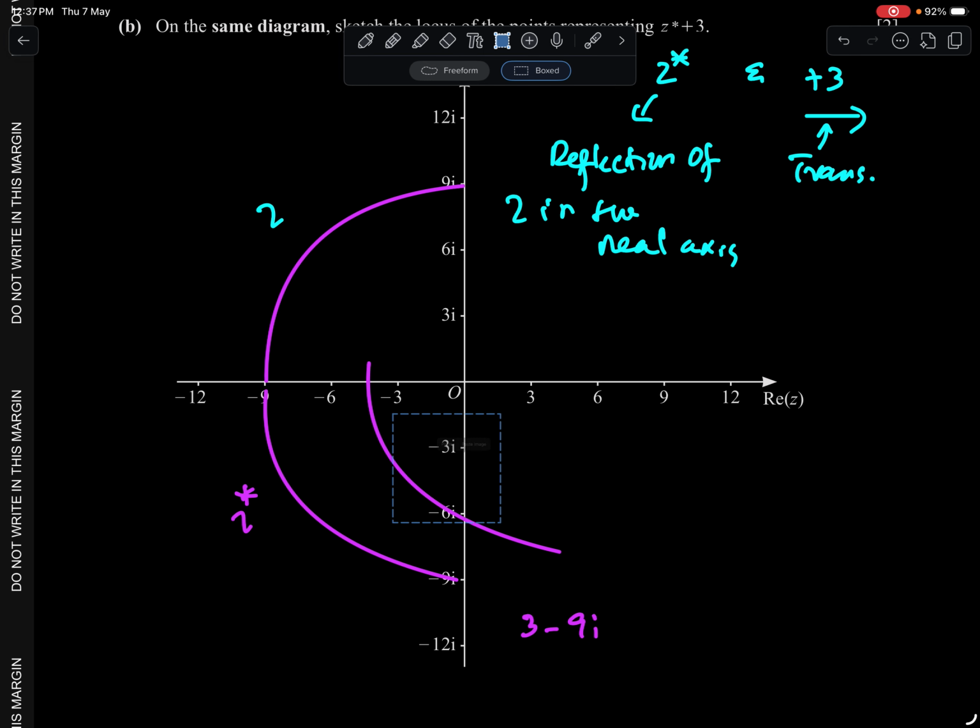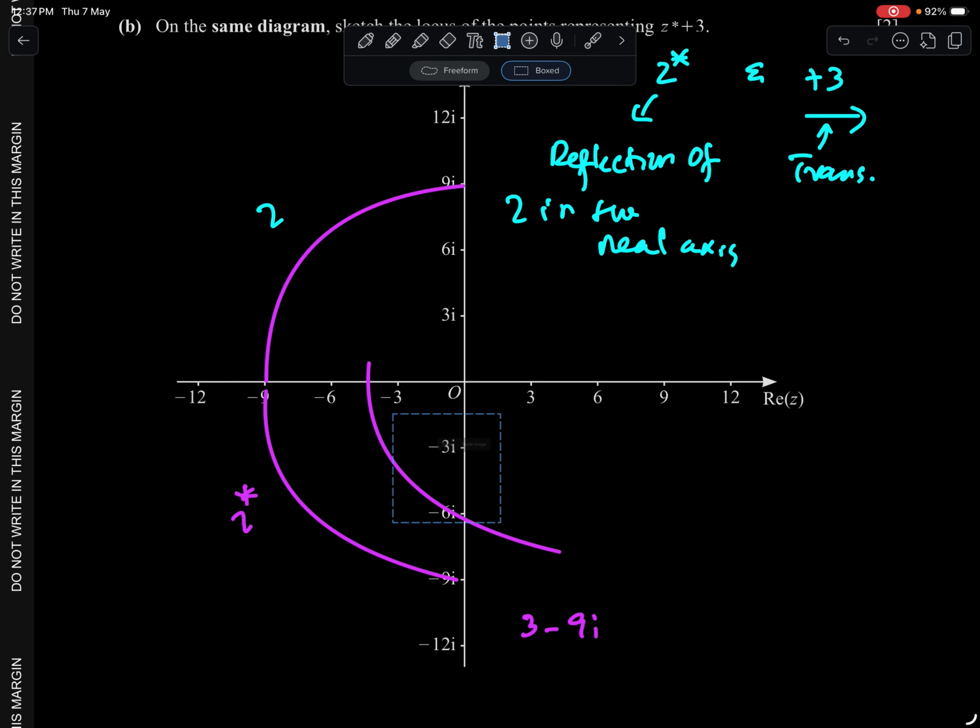You can either erase this part or show it as a broken curve. So this is part A, this is part B. This is Z static plus 3.